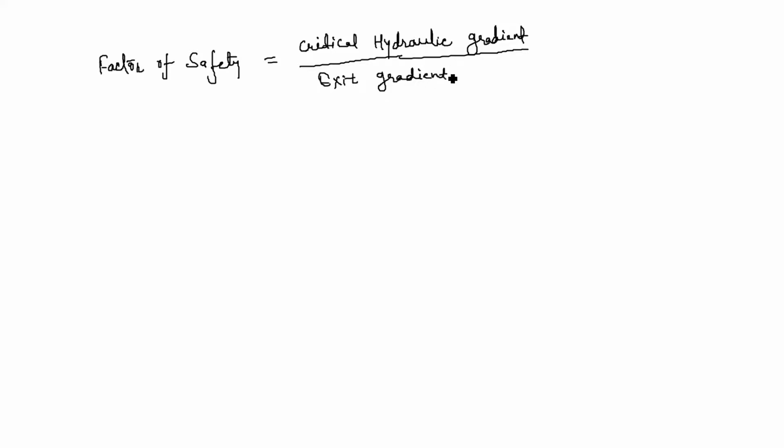So the factor of safety against piping is defined as the ratio of critical hydraulic gradient to the exit gradient. So now we know how to calculate the critical hydraulic gradient.